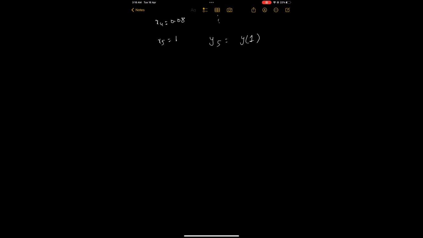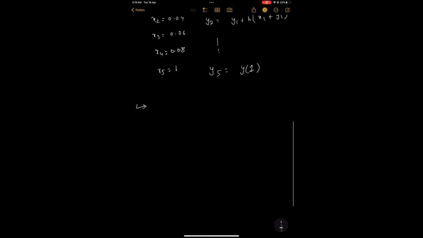Next, let's see how we can apply Euler's method for second order ODEs. Consider an example, d2y by dt2 equals 2y plus t, and suppose y at 0 equals 1, y at 1 is what we have to calculate, and step size equals 0.02 again.